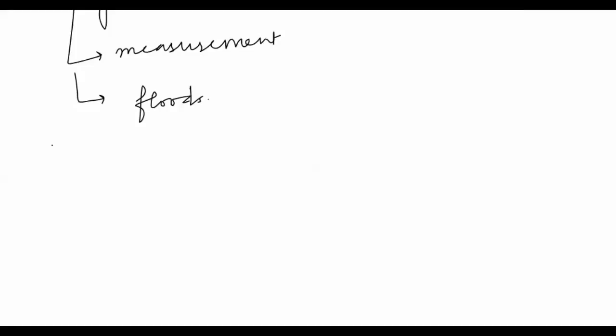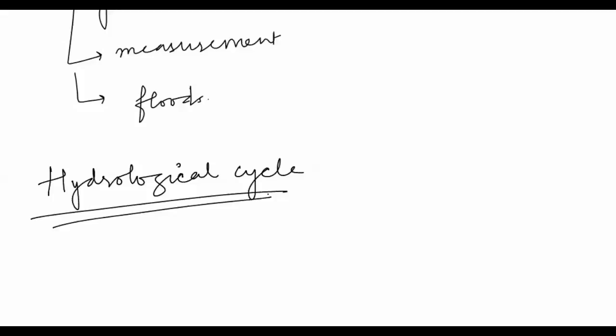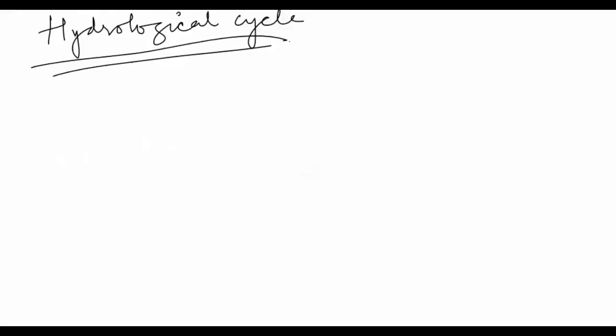Let's see the hydrological cycle first. Now, the hydrological cycle is actually known as the water cycle also. It is how the water is circulated in the atmosphere and the earth.